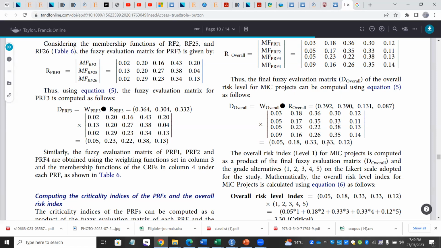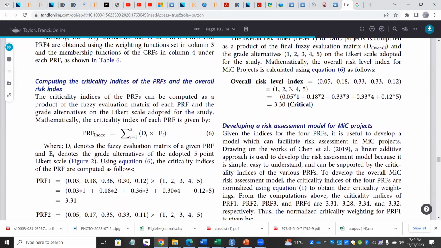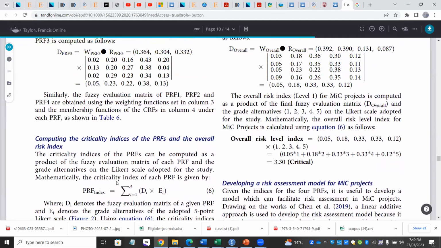And once you get this, all you have to do is multiply it, just as he did for the individual, by the alternative grades, 1 to 5. So this result from the overall is multiplied by another matrix, 1 to 5, which represents the grade alternatives. And then you get that.